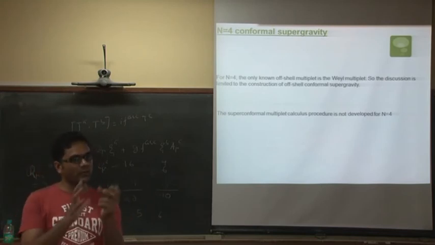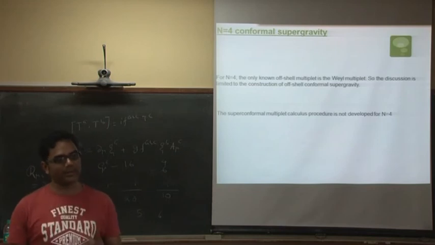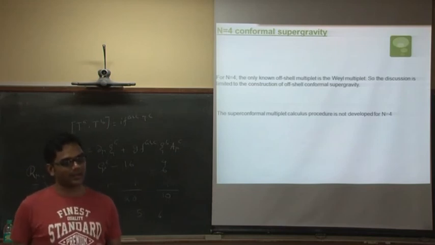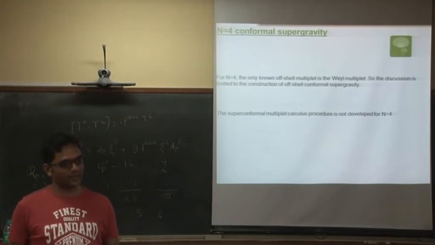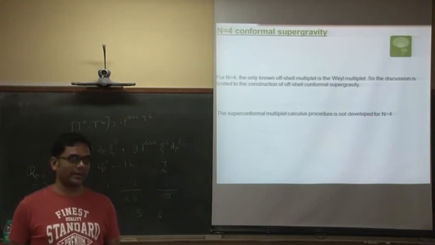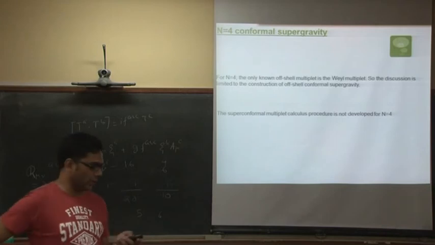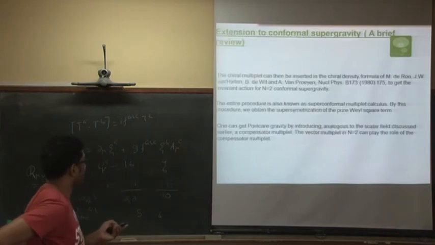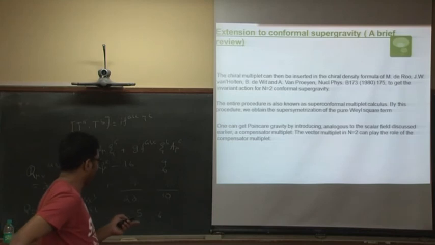You take one Weyl multiplet and you take more. To begin with, your action is just Weyl square plus the kinetic terms for the two scalar fields. I have not been rigorous in saying this.